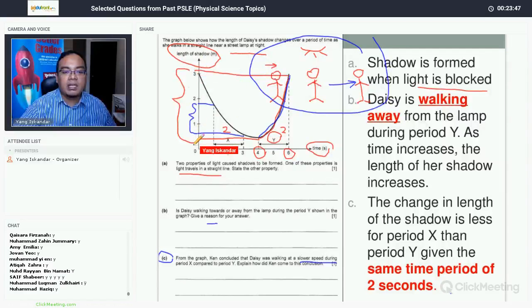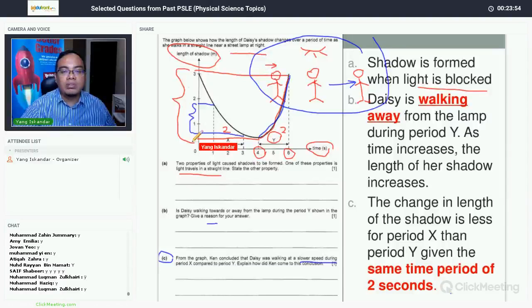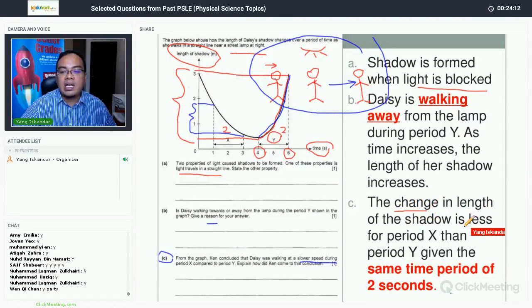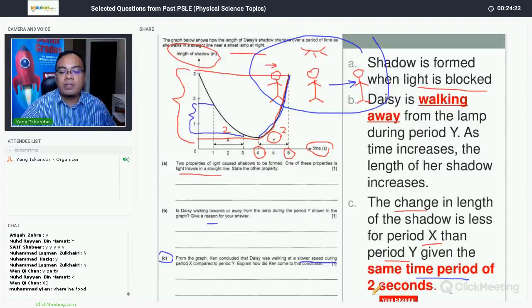So by looking at the change in the length of the shadow, you can conclude that she is walking faster in period Y as compared to period X. So how do you answer this question? Keyword here: the change in the length of the shadow is less in period X than period Y, given the same time period of 2 seconds.